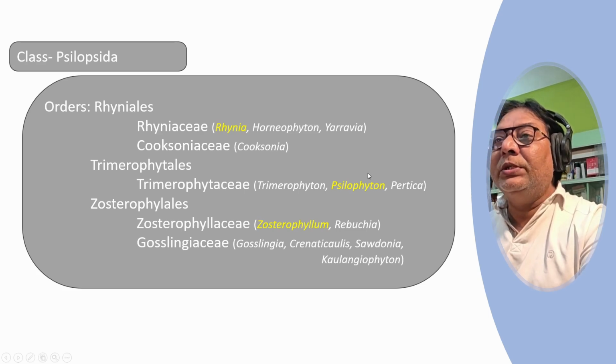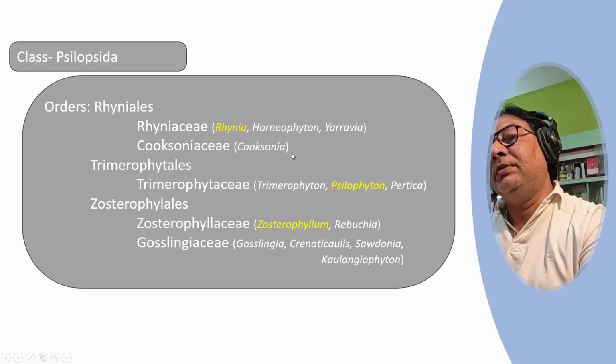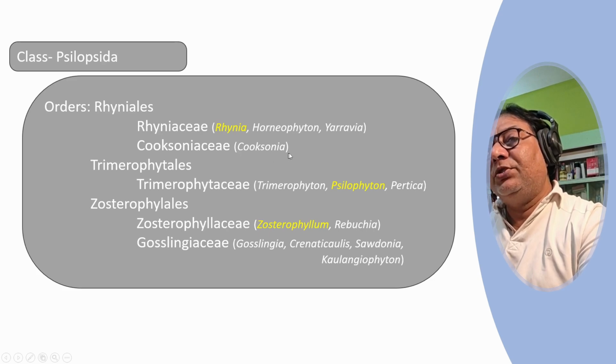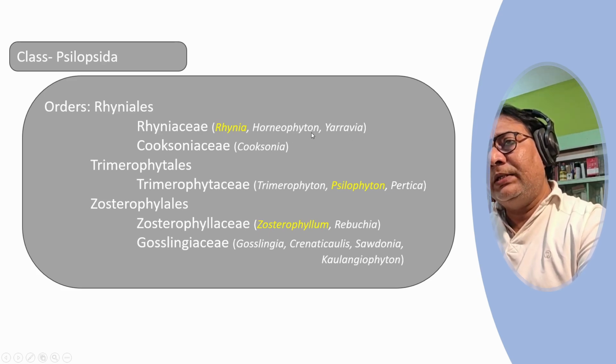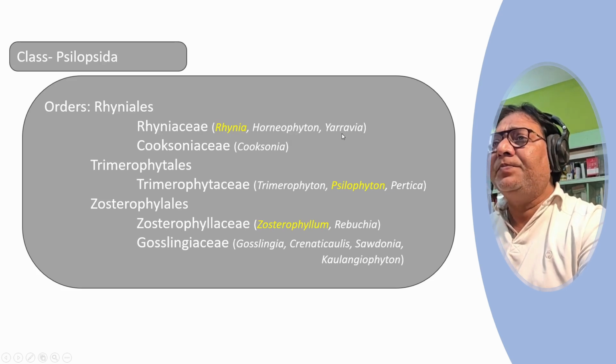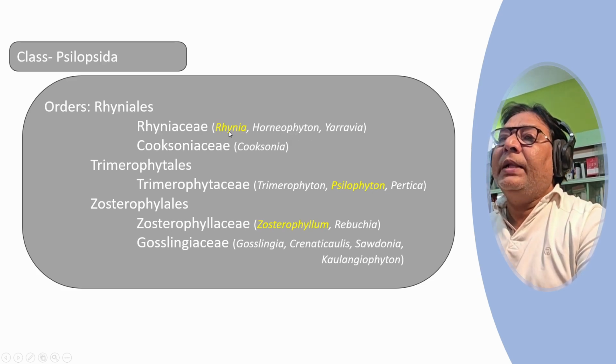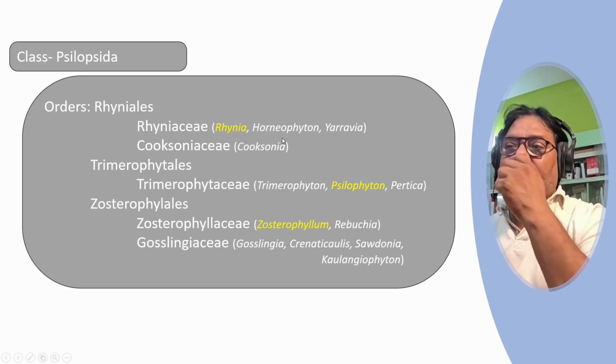Cooksonia was there during middle Silurian, and it became extinct during early Devonian. Horneophyton is a little earlier than Rhynia, and Rhynia was there during middle Devonian.